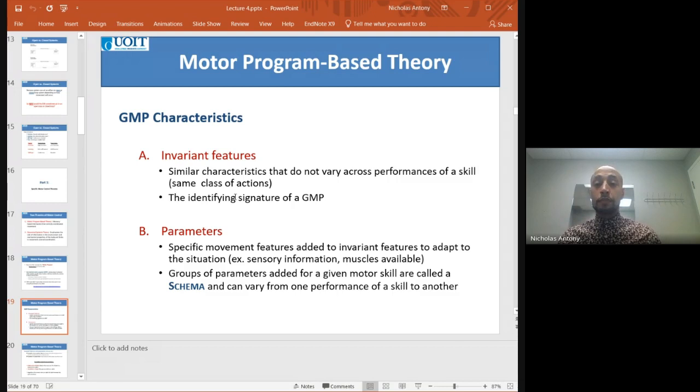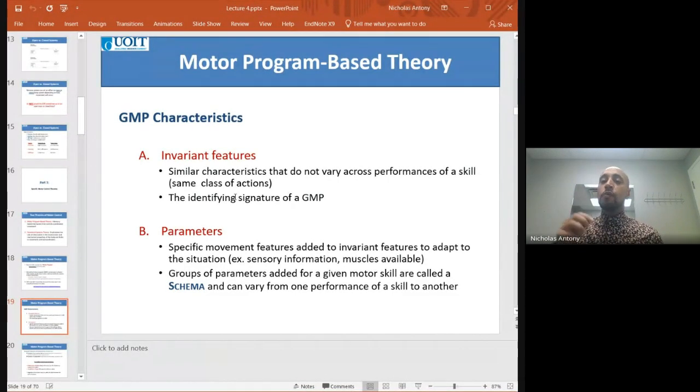Now, the other thing that motor theories had to discuss is that we have to be able to perform that skill. So the degrees of freedom problem is answered because we have a program in our brain that dictates how we activate the muscles.